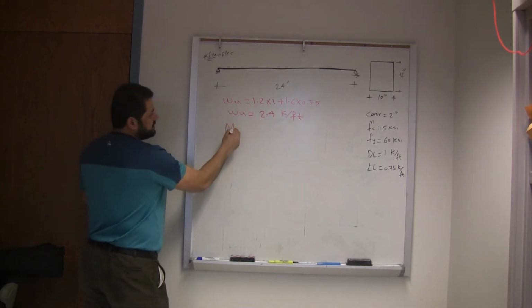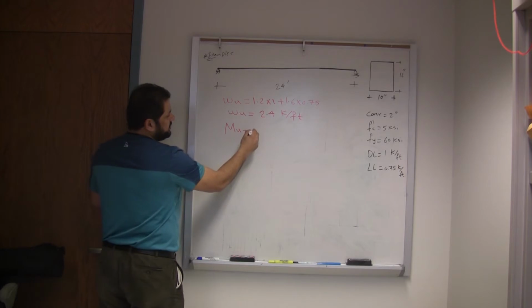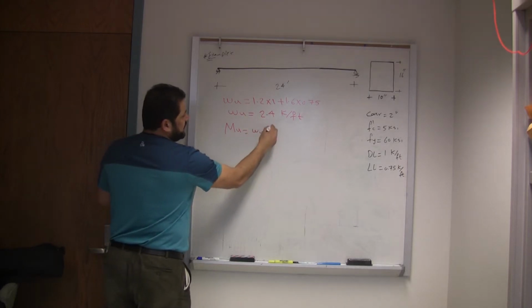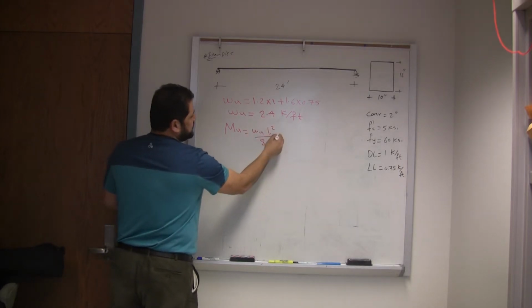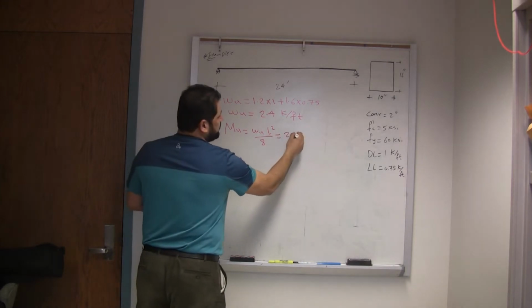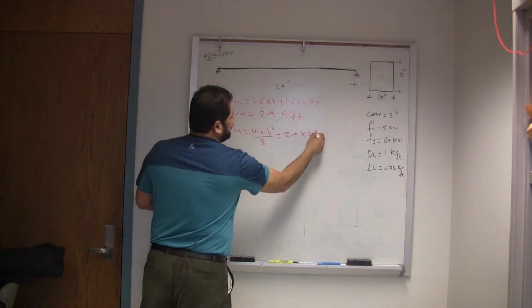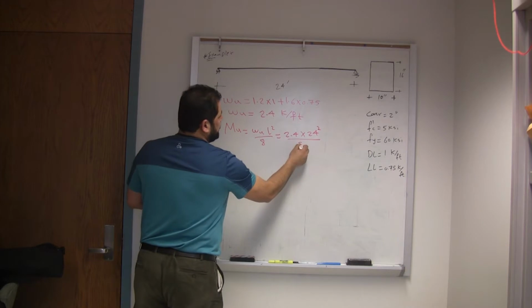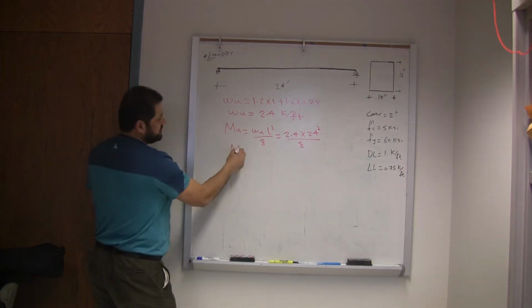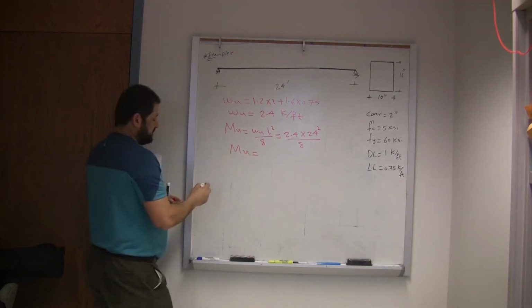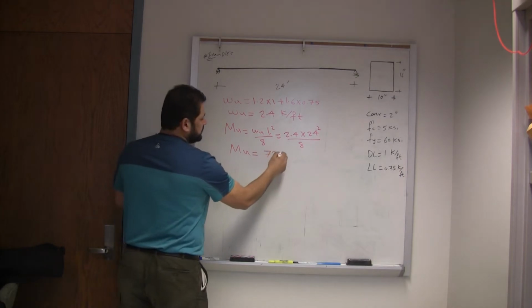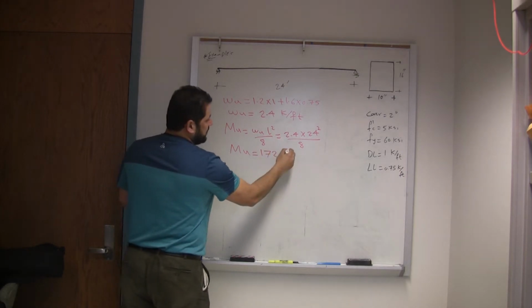Now M ultimate equals W ultimate L squared over 8, equals 2.4 times 24 squared over 8. So your M ultimate is 172.8 kip-foot.